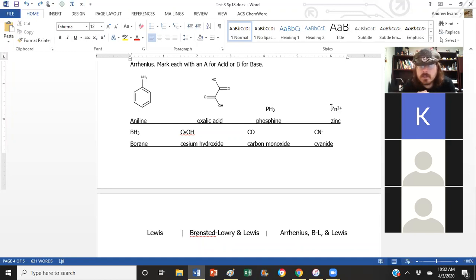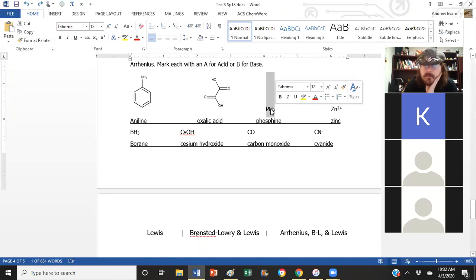You want to draw the Lewis structure and ask, do they have electrons or are they missing electrons? Phosphorus is in group 5, which means 5 valence electrons. So 3 bonds means 1 lone pair of 2 electrons. This guy is going to be a Lewis base.